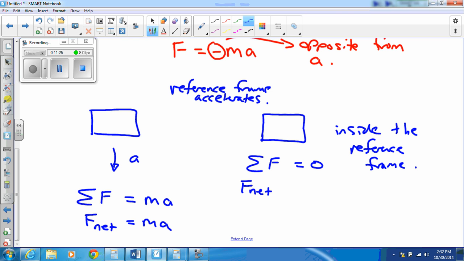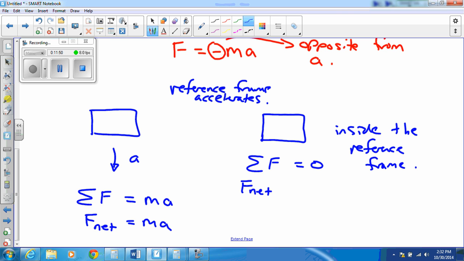But when I add up that sum of forces, I get F net. And F net is not 0. F net is certainly equal to ma over here. What happened? In non-inertial reference frames, Newton's second law breaks.